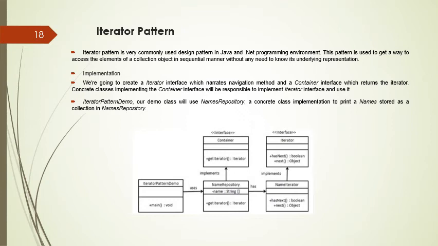Concrete classes implementing the container interface will be responsible to implement iterator interface and use it. Iterator pattern demo is a demo class which will use name repository, a concrete class implementation, to print the names stored as a collection in names repository.